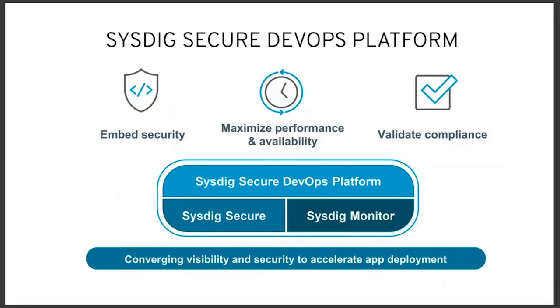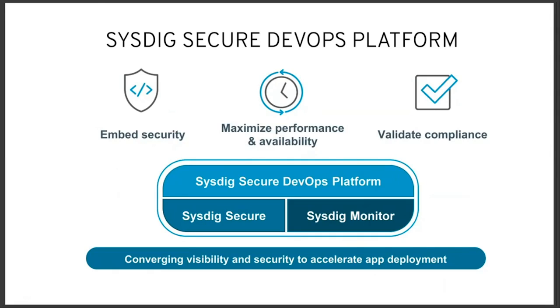All of this is available as a part of our solutions at Sysdig, what we call the Secure DevOps platform. Sysdig Monitor, Sysdig Secure, there's two pieces of that puzzle. And again, bringing those things together for the DevOps professional that now has much more responsibility.